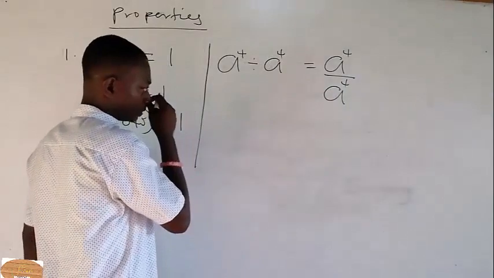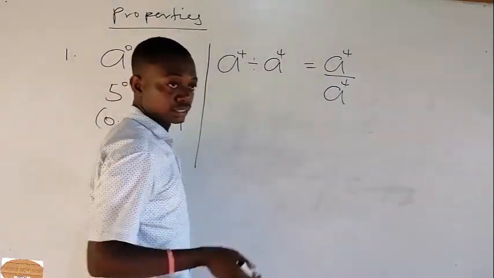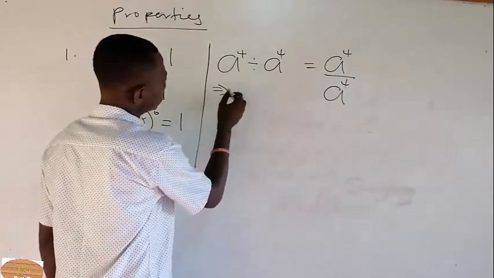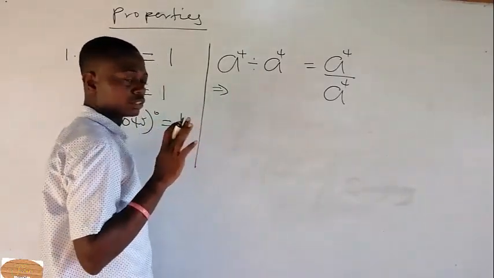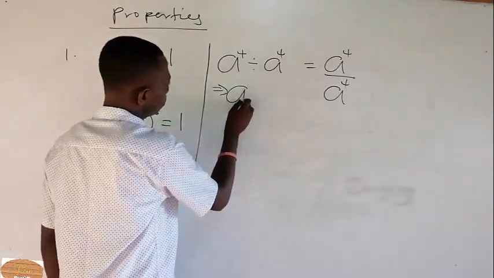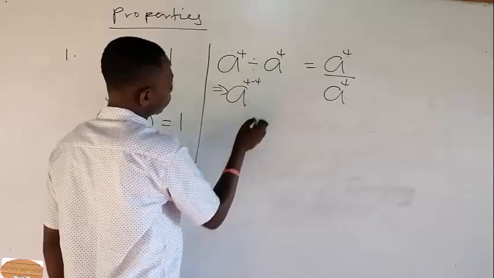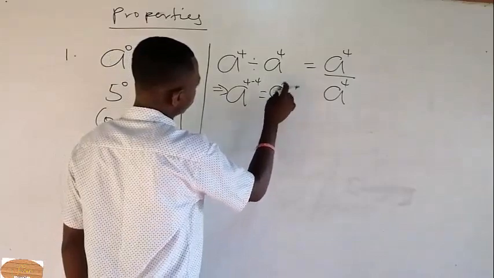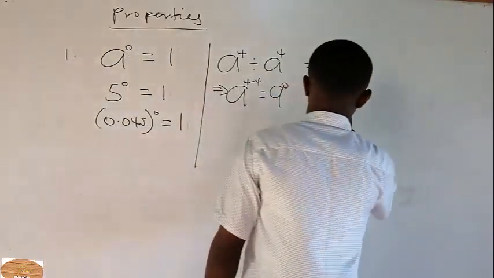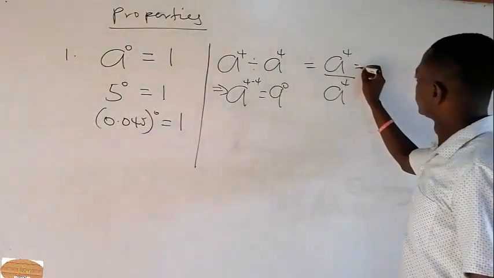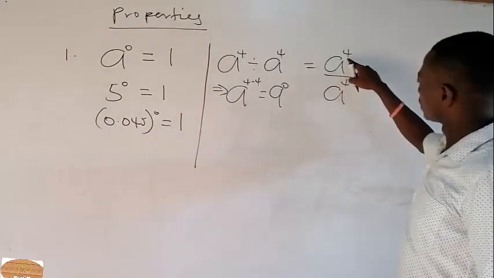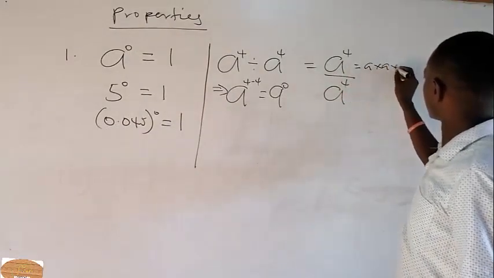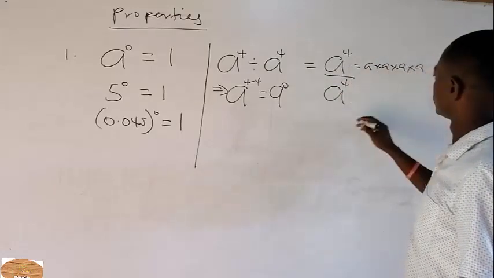Let's solve the left and then the right and see. Let's apply the law here. The law is, using division, we subtract. So a to the power 4 minus 4, which is a to the power 0.